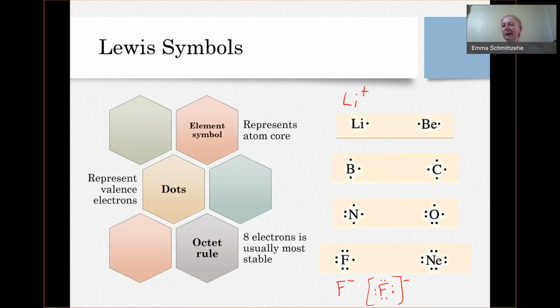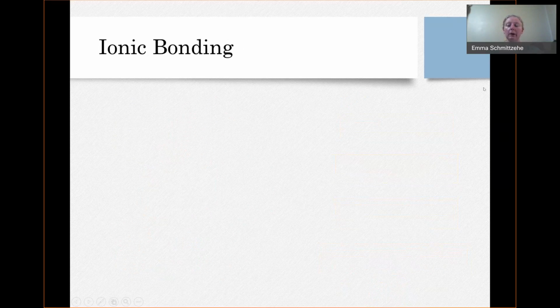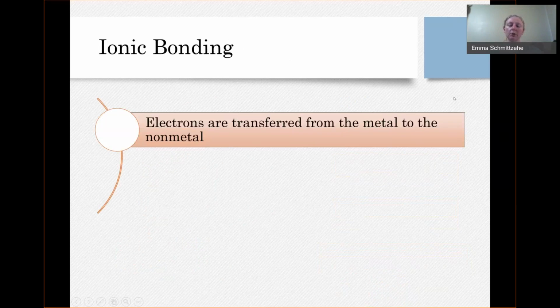So let's talk about ionic bonding. Ionic bonding is when you have electrons transferred from one thing to another. Typically you have a metal and a nonmetal, and the metal gives electrons to the nonmetal.